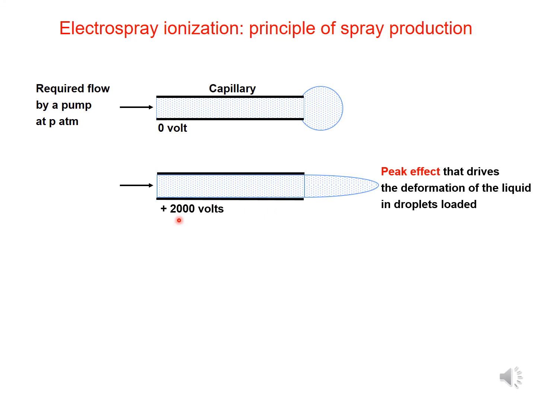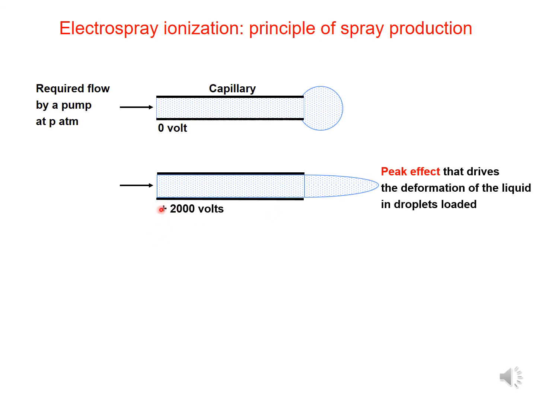If you apply high voltage at the end of the capillary, you see that this droplet changes, and we have a peak effect that drives the formation of the liquid into a charged droplet. So here you have the deformation of the droplet. But nothing happens because you see this is not a cone.